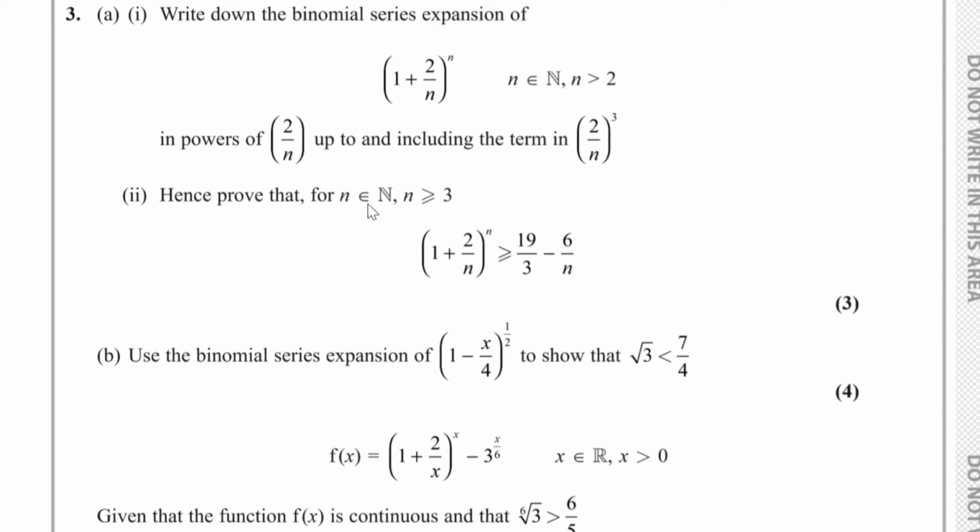Hence prove that for n being a natural number and n being greater or equal to 3, (1 + 2/n)^n is greater or equal to 19/3 - 6/n.